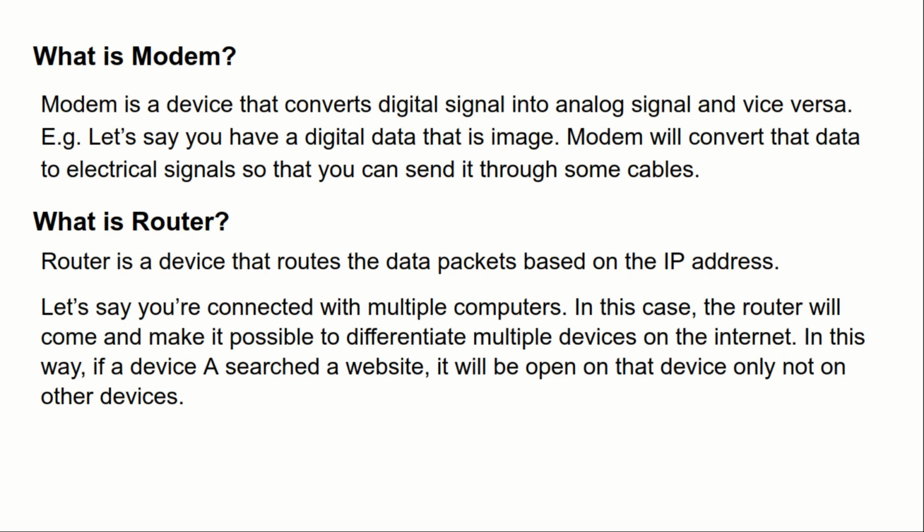And if a person sends a request using the chatting application, the router will send the response back to the chatting application. It won't distribute the response randomly. It will define a path and differentiate multiple devices, so it is possible to distribute the data in this way. So if device A searches a website, it will only open on that device, not on other devices.